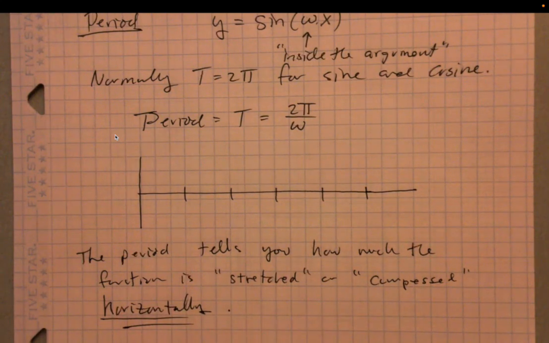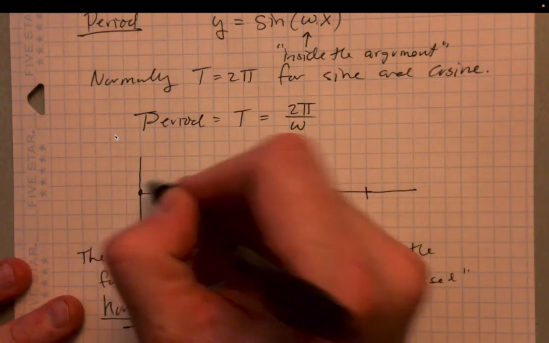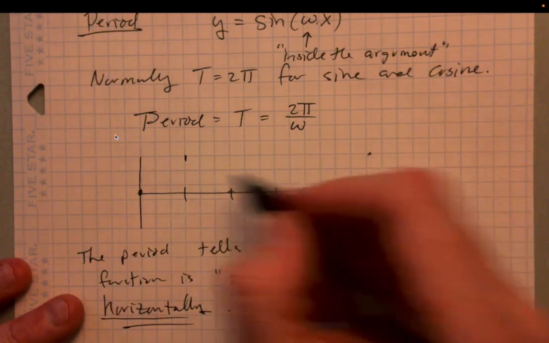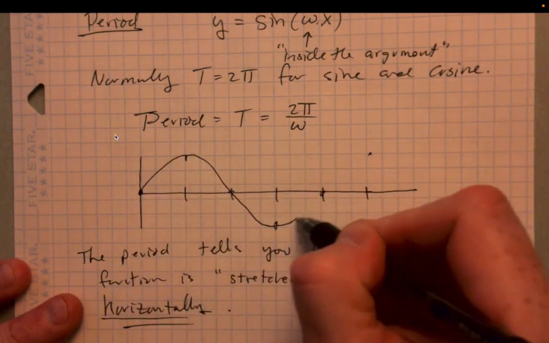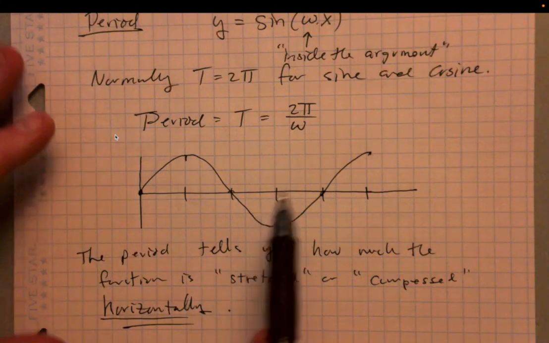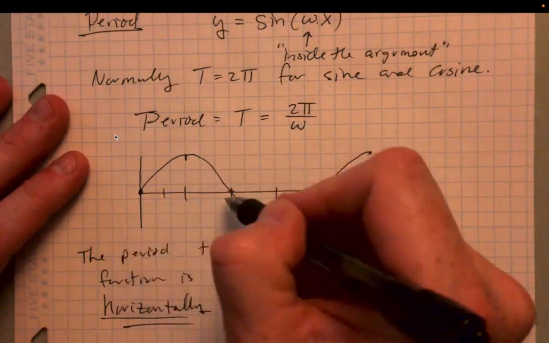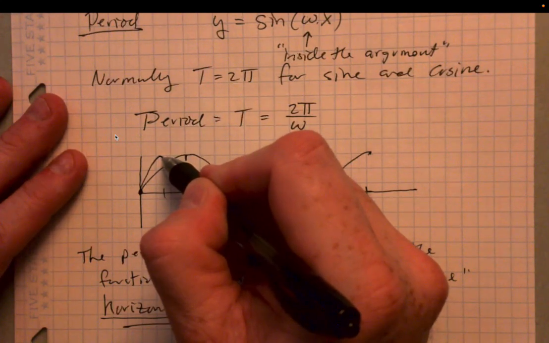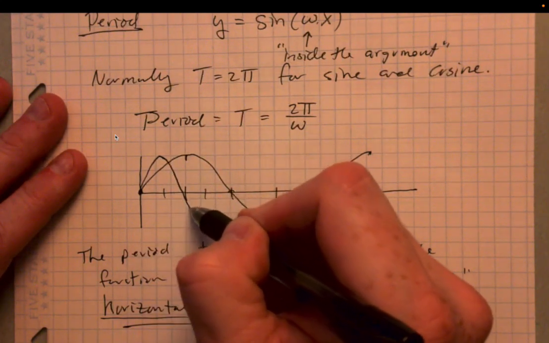Right, this time horizontally. Before, it was the amplitude, which was vertical stretching and compressing. Now it's horizontal. So normally, the sine function looks like this. Kind of goes like this. This is normal. That's what we're used to. Now, if the period is decreased, then what you'll end up seeing is a sine function that does something like this.